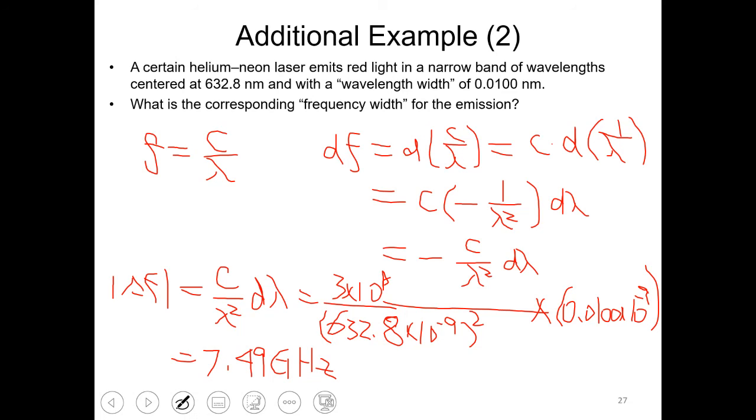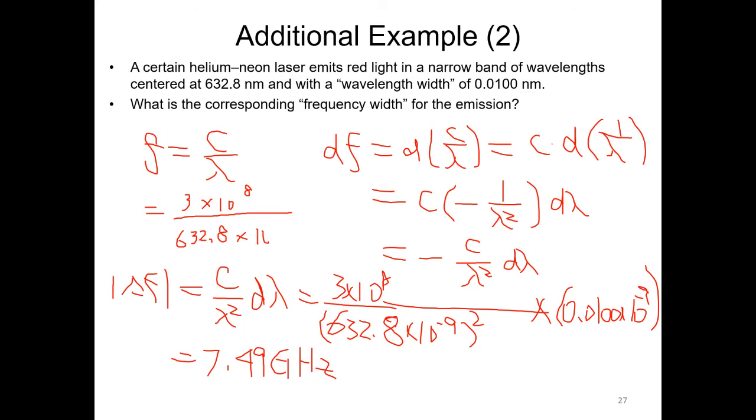quite low. We can simply check it here. Suppose we have F equals C over lambda, which is something like 3 times 10 to 8 over 632.8 times 10 to minus 9.